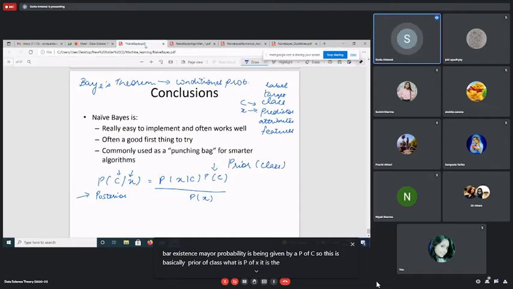It is the prior probability of the predictor. So this is nothing but the prior of feature or attribute, or I'll call it a predictor. And now this thing, which is basically P(X|C), is nothing but the likelihood.